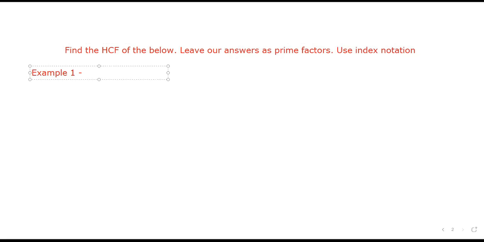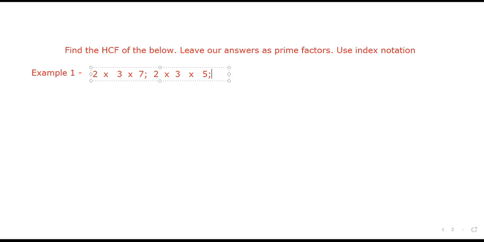For example, when you have something like this, 2 times 3 times 7, and we have something like this, and then you have 2 times 3 times 3 times 5 times 5.